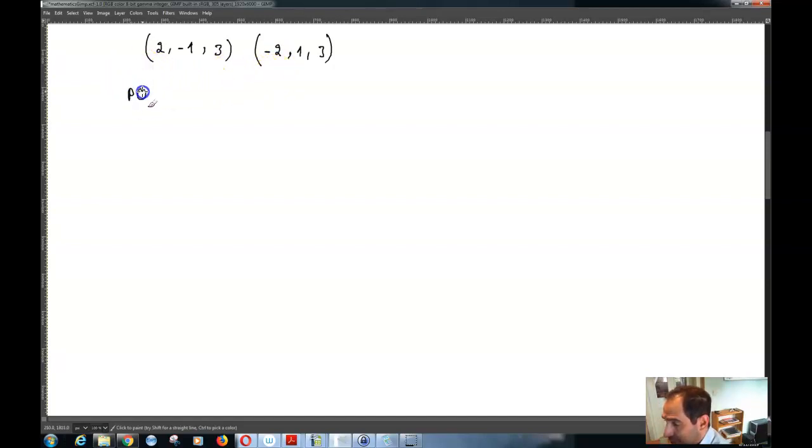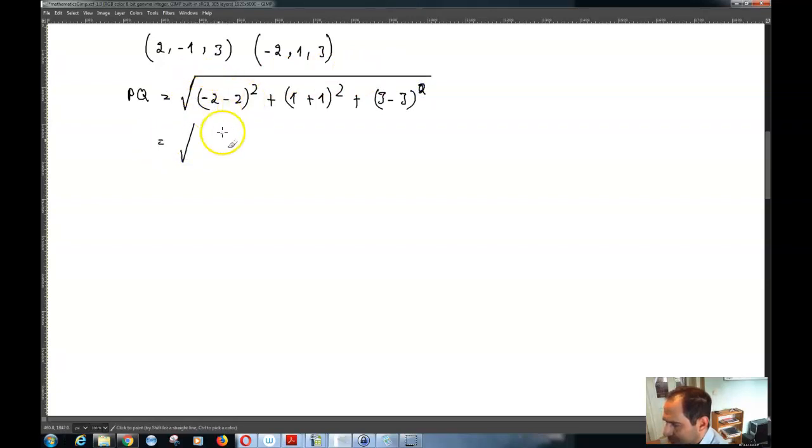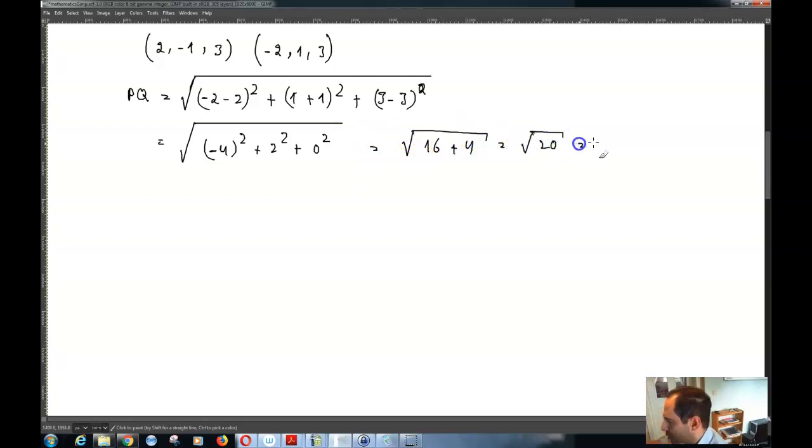So again, PQ is equal to the square root of (negative 2 minus 2) whole squared plus (1 plus 1) whole squared plus (3 minus 3) whole squared, and that is equal to the square root of negative 4 squared plus 2 squared plus 0 squared, which is equal to the square root of 16 plus 4, square root of 20, 2 times square root of 5. And that is part 4 of this question.